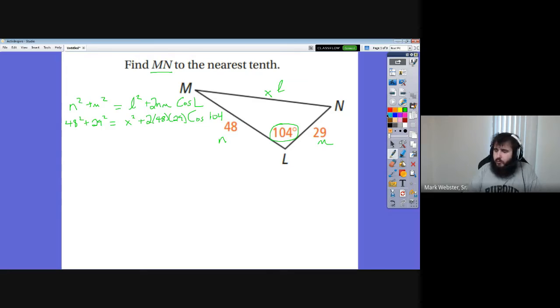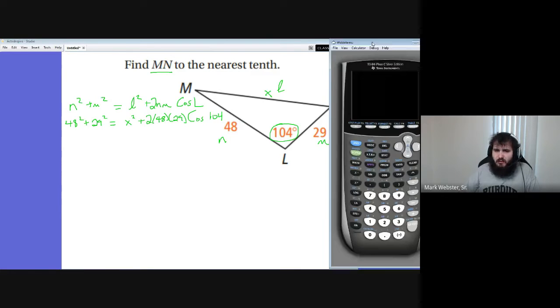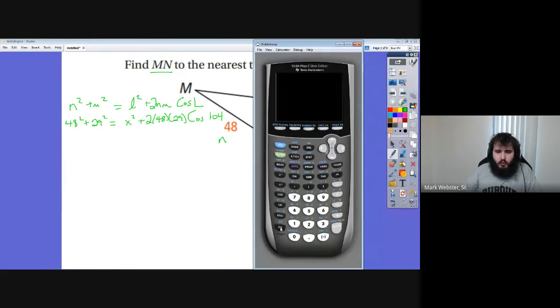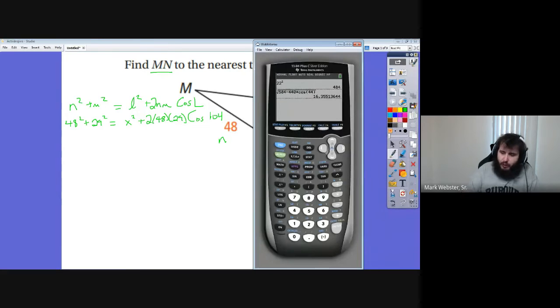So now we're going to take care of all these silly numbers. Once again, I'm sitting here thinking, well, I don't want to do a lot of this work. Let's have the calculator help me out. What's 48 squared? What's 29 squared? And what's 2 times 48 times 29?